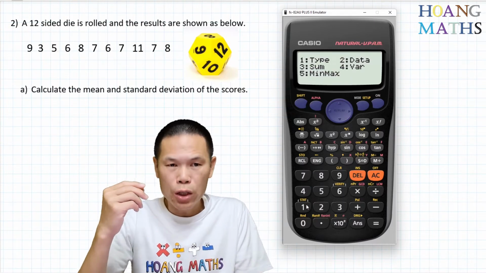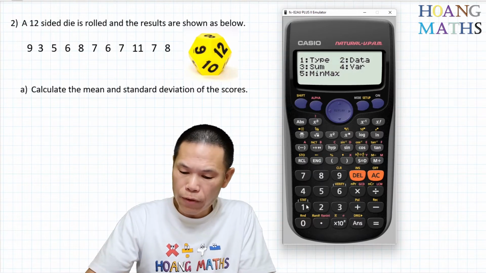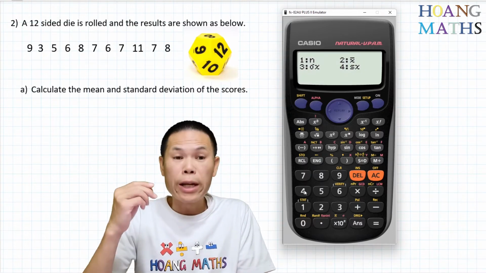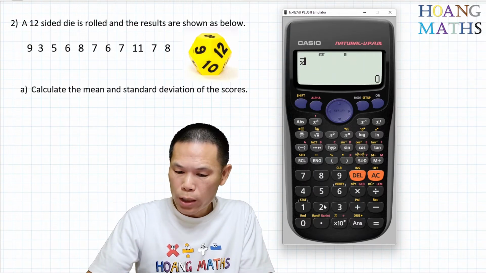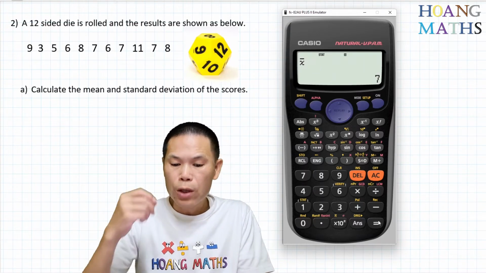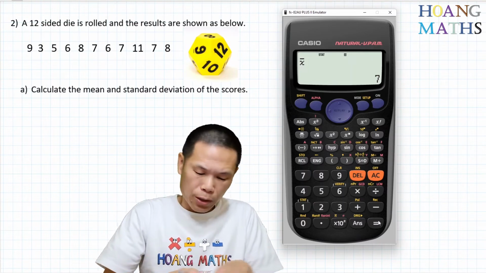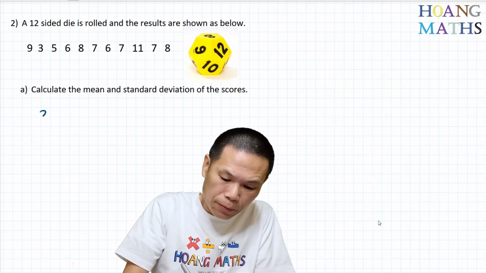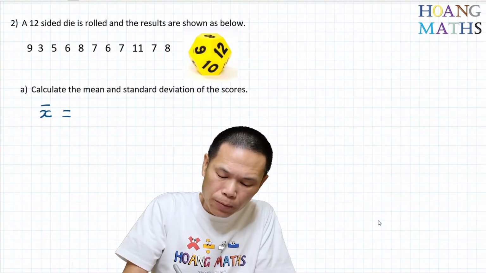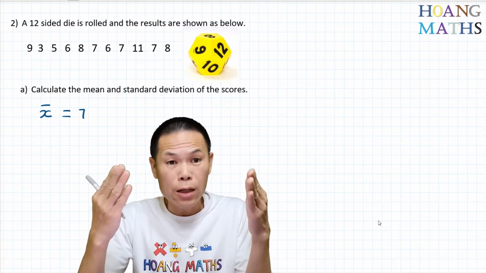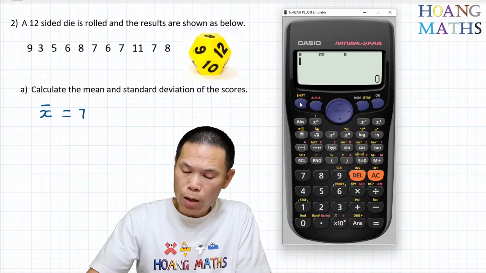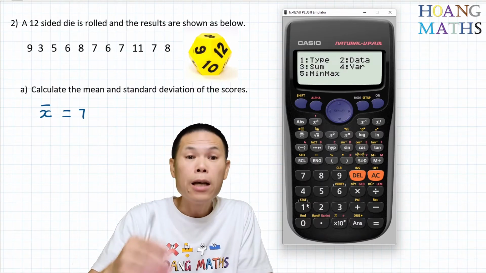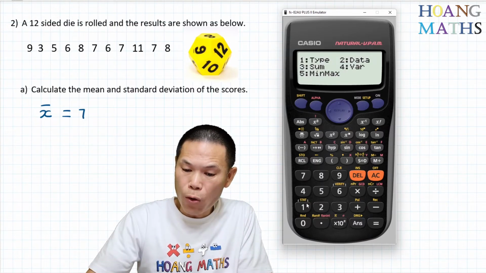Then we choose option 4 under variable. Now to look for the mean, of course, X bar, option 2. And don't forget to press equals. So that is 7. So the mean is 7. That is the average. Now to look for the standard deviation, we go shift, option 1, and then under variable, which is option 4.